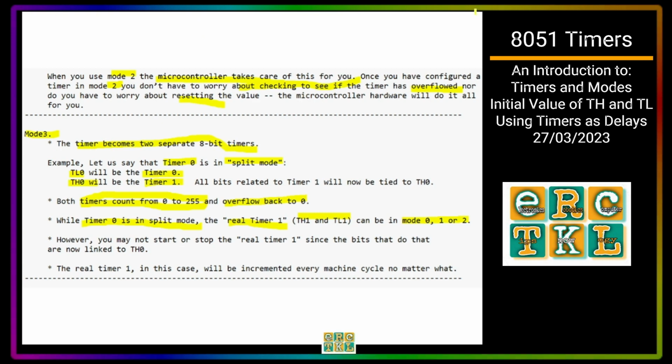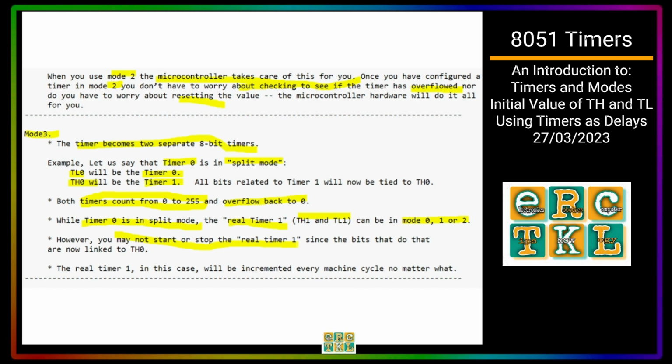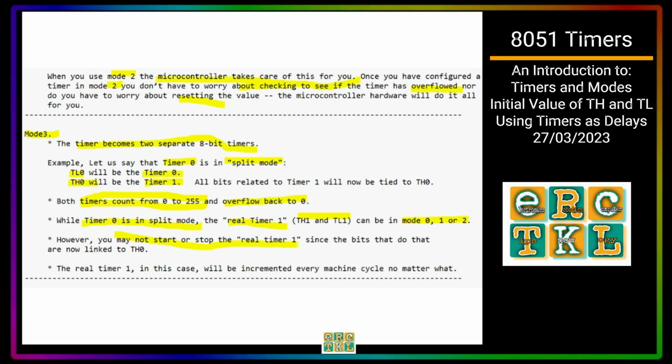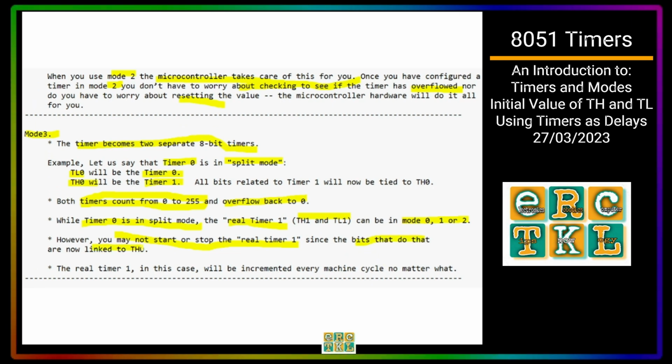However, look, you cannot start or stop the real timer 1. How to start or stop the real timer 1? TR1 equals 1, it will start. TR1 equals 0, it will stop. We cannot do that here, because the bits that do that are now owned by timer 0.